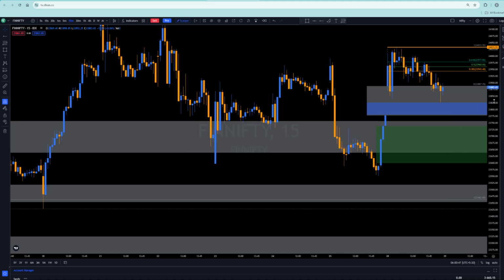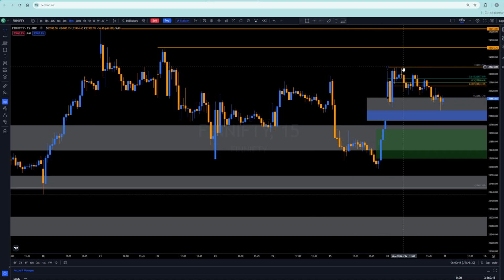So this actually becomes a balanced price range. The market has spent a lot of time in this range where, if you see on the left, it has been going up and back and forth between 24,000 and 23,500.